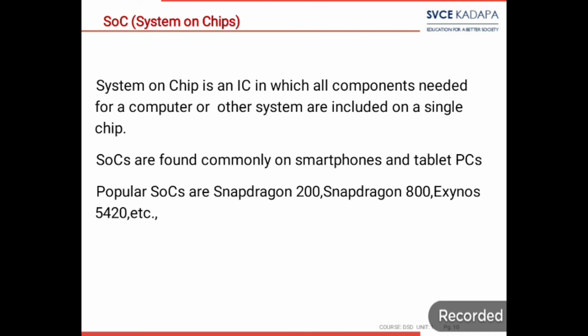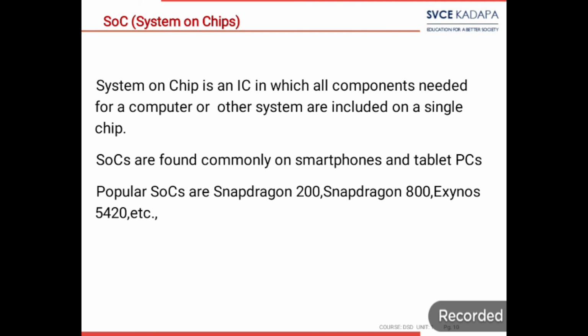Next, the present trend in VLSI is system on chip. System on chip is an IC in which all components needed for a computer or other system are included within a single chip. Now all Mi phones, Samsung phones and others use the system on chip configuration.